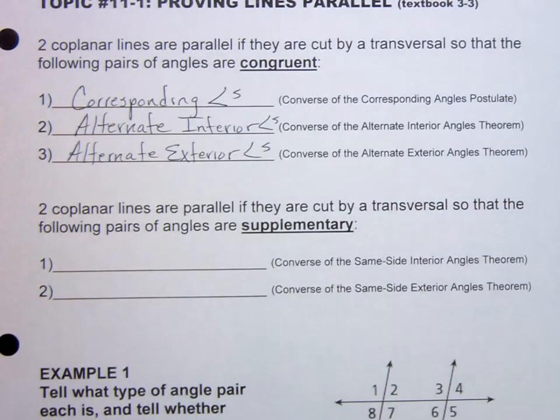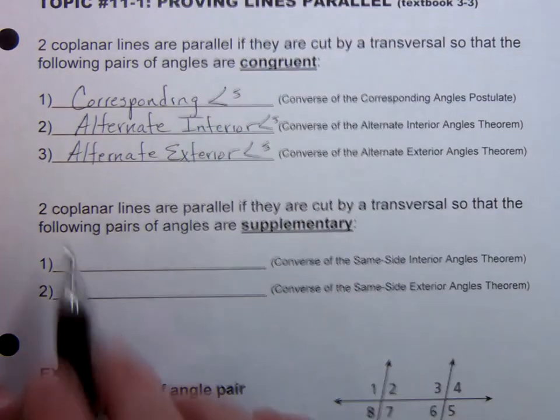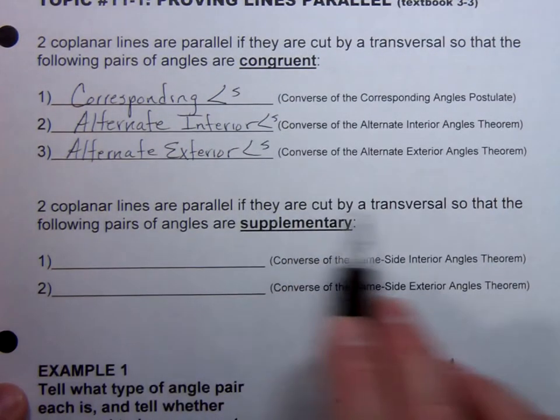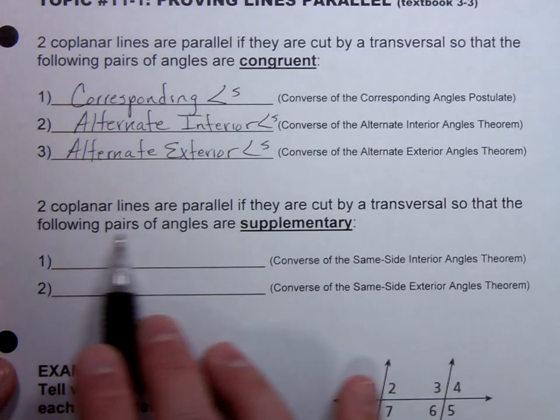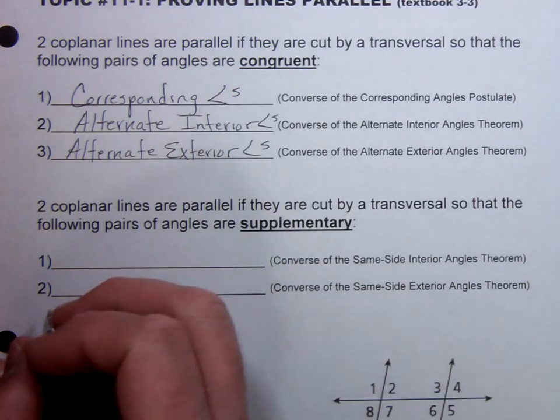Now, not all those angle pair relationships are congruent when the lines are parallel. Some of them were supplementary. Same side interior and same side exterior angles were supplementary when the lines are parallel. So the converse of these would be that the lines are parallel if they are cut by a transversal so that the following pairs of angles are supplementary.